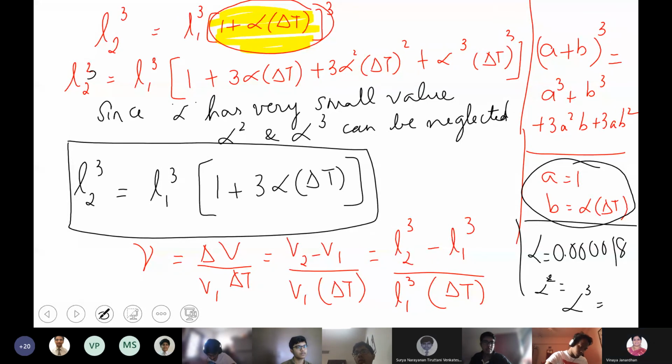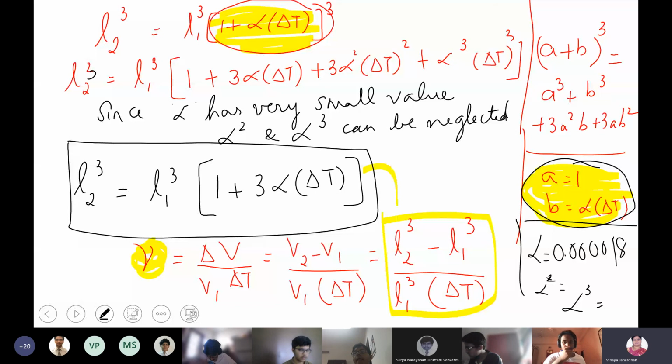Check this when you're going through the identity. Boys, this is the expression. You have to substitute for the value of L2 and check the relation between gamma and alpha; it has to come in terms of alpha.